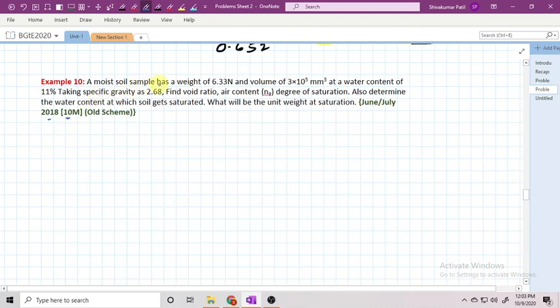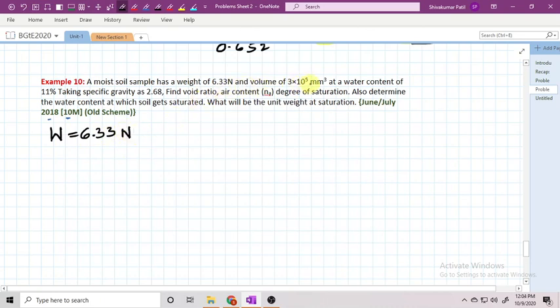A moist soil sample has a weight of 6.33 Newton. What is the total weight? Total weight is 6.33 Newton.